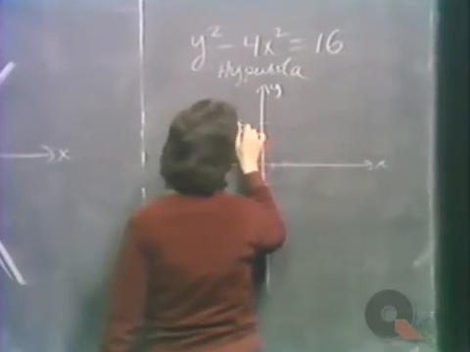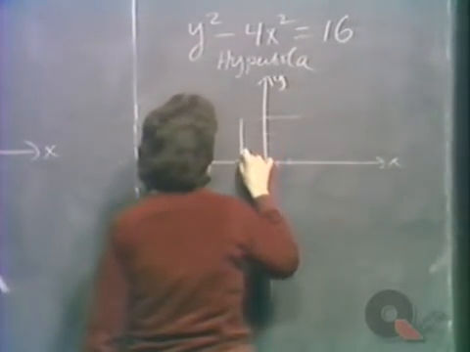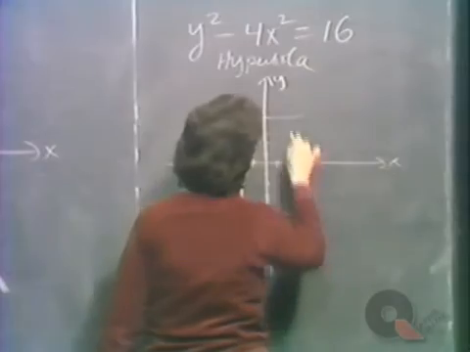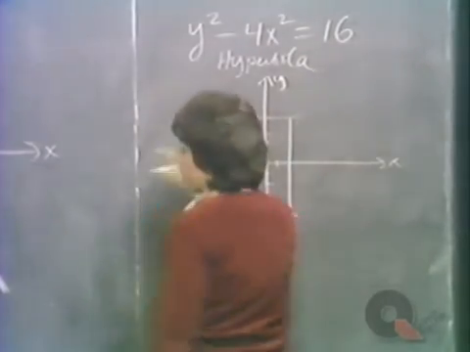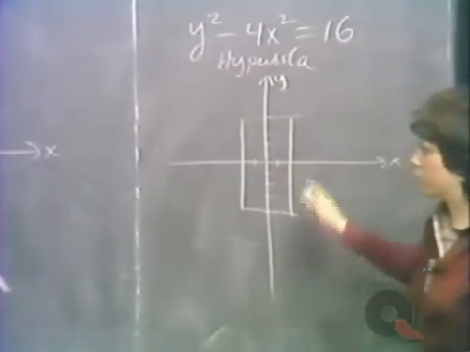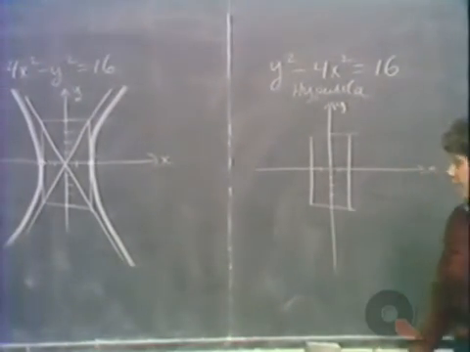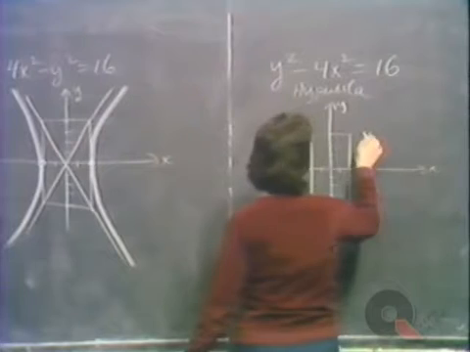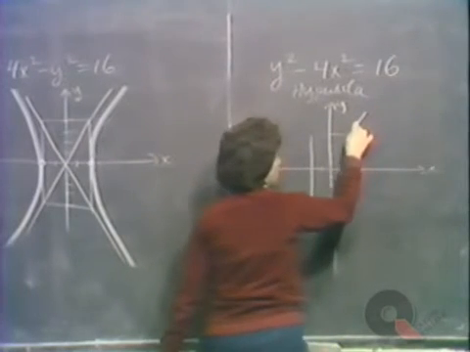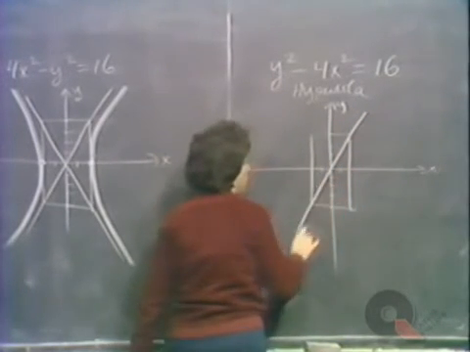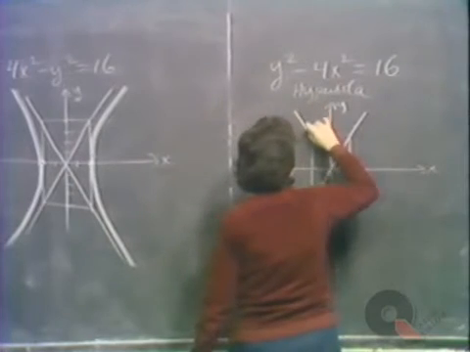So you would draw the rectangle through these 4 points, and of course, it would be the same rectangle that we got over here, going through 2 and minus 2 on the x-axis, 4 and minus 4 on the y-axis. You would draw the diagonals of the rectangle in and extend them beyond the rectangle.